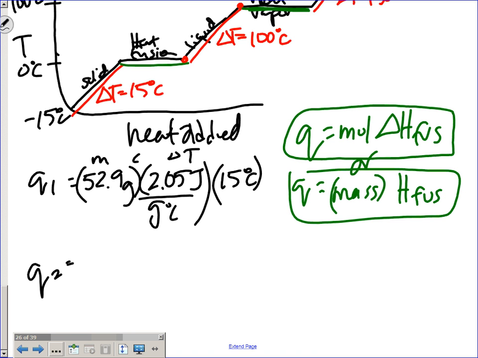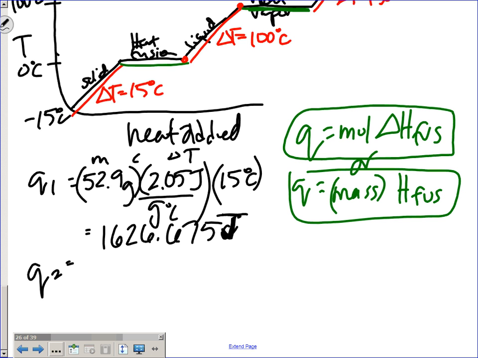So that MC delta T is what we use for when there's a temperature change occurring. What we got, Jillian? Oh, not grams, joules. Okay.